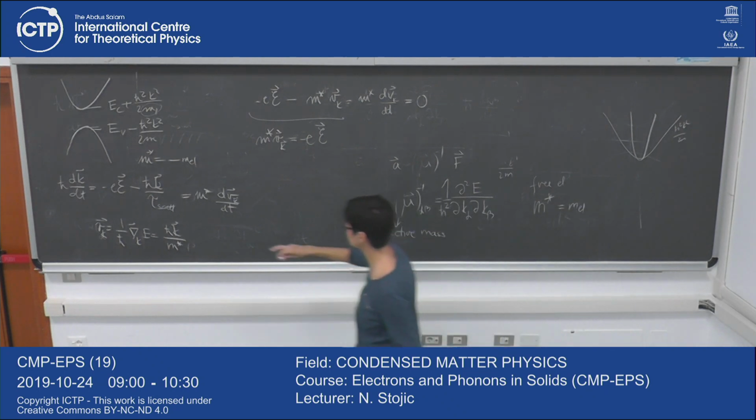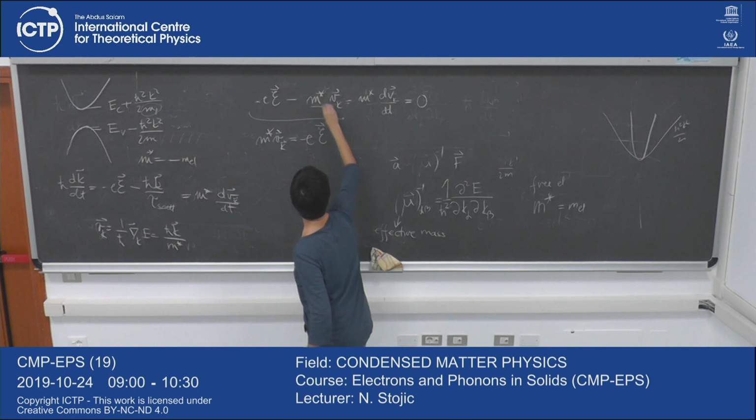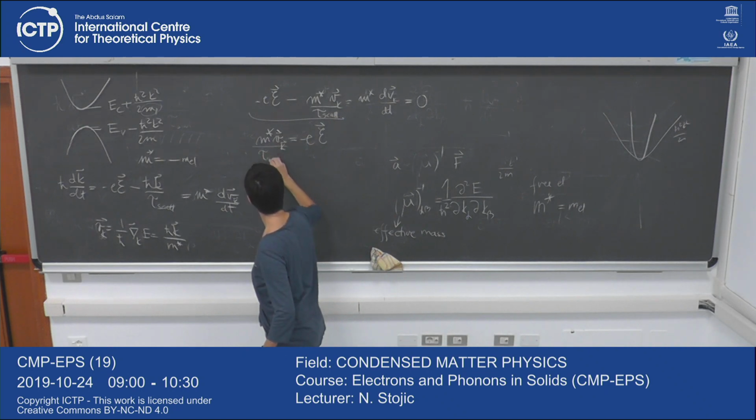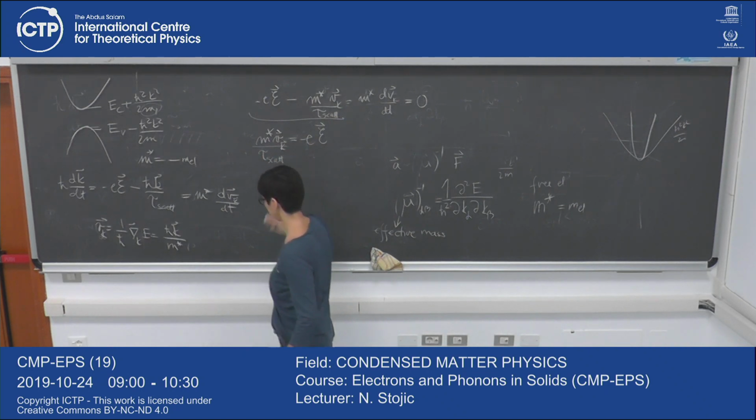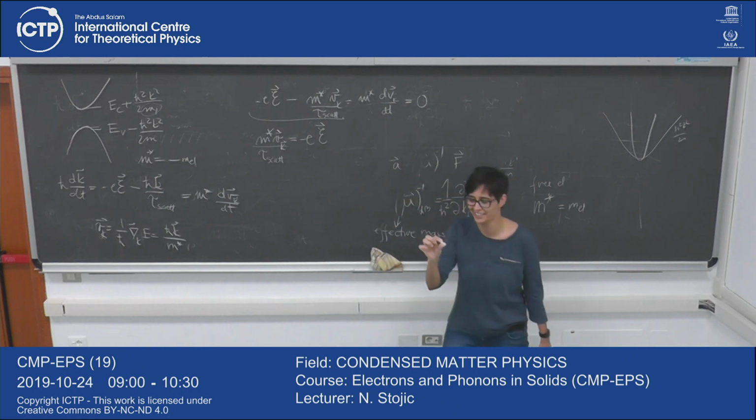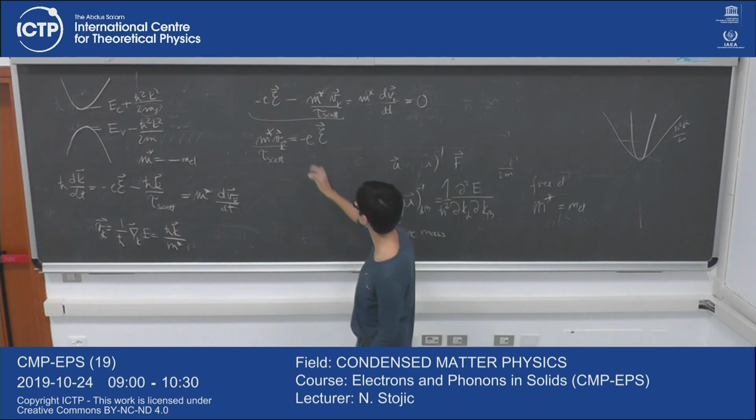No, sorry, I was missing this scattering time. Now I'm saying I don't have one element. I'm writing with this big chalk. I don't know. Okay, it's a bit messy.